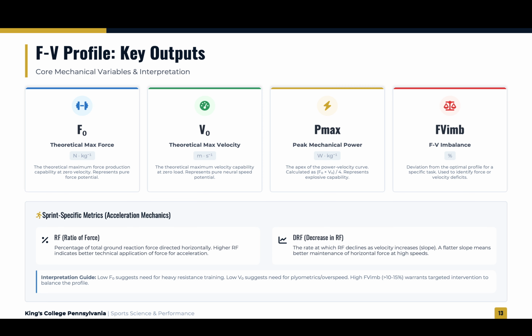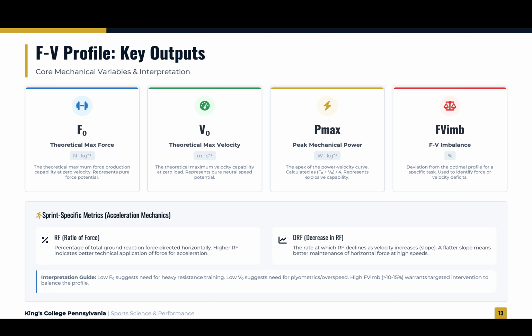And this is important to explain, which is force-velocity imbalance, which is the percentage of deviation from the optimal profile for a specific task, used to identify force or velocity deficits.